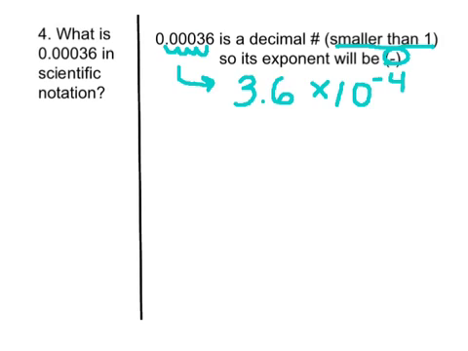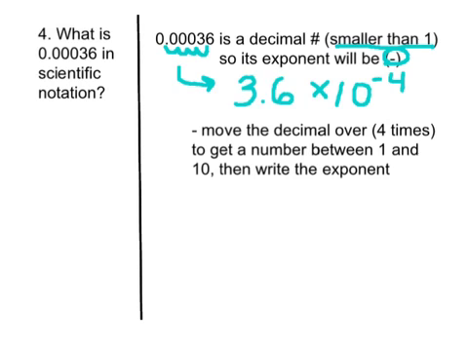So let's get that method down in our notes. Here we have the method reminder to move that decimal over. In this case, we moved over 4 times. In some cases we might only move it once; in other cases, we might have to move it 20 times. We move that decimal over as many times as we need to get a number between 1 and 10.